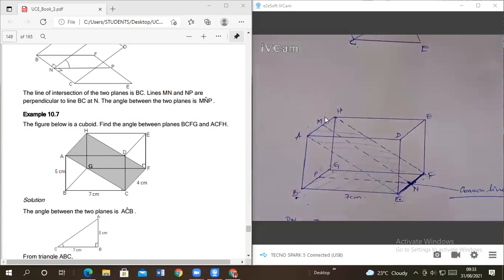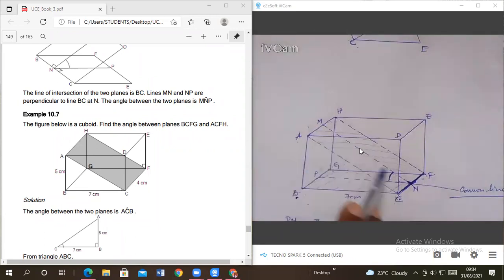And also the line NP bisects the plane B, C, F, G. So where these two lines, NM and PN, meet, that's where our angle will be. The angle between those two lines that bisect the two planes will be the angle between the two planes.